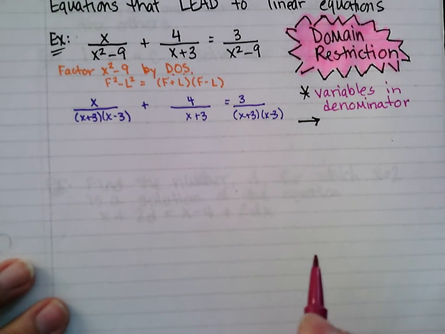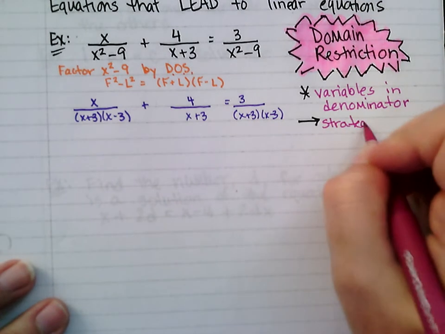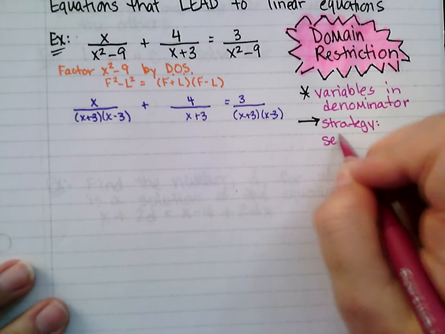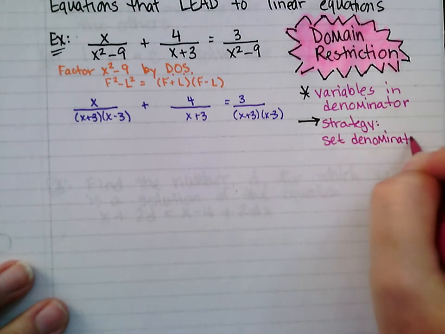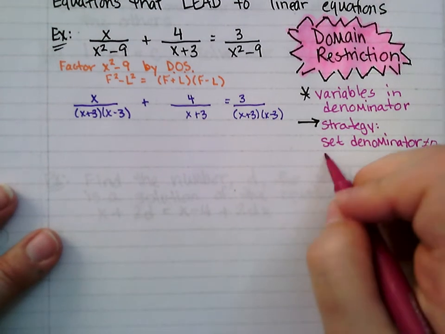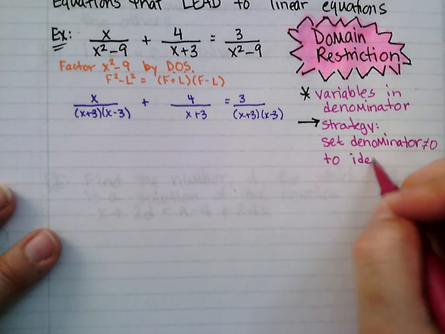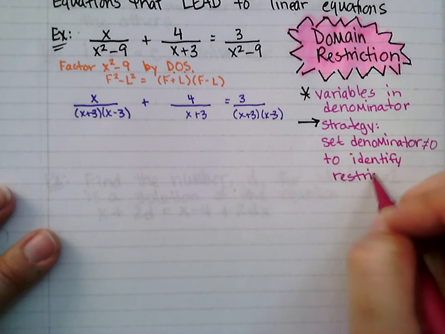So when there are variables in the denominator, your strategy is going to be that we set the denominator either equal to or not equal to 0, whatever your preference is. And that's going to identify the restrictions. So those are going to be the things that we need to avoid.